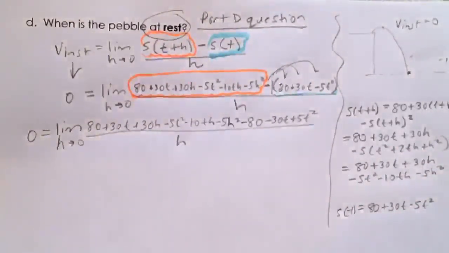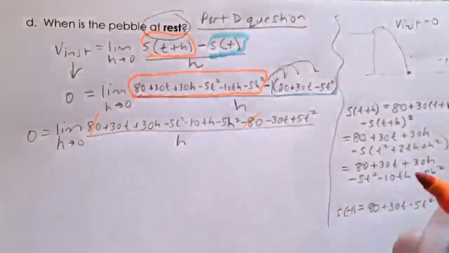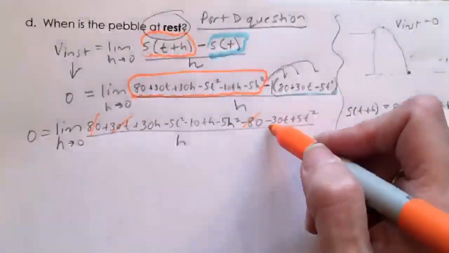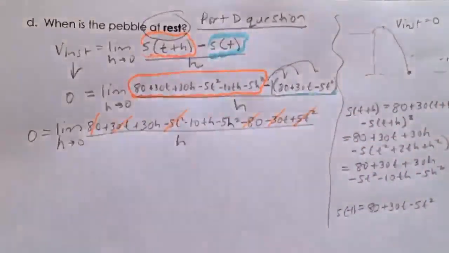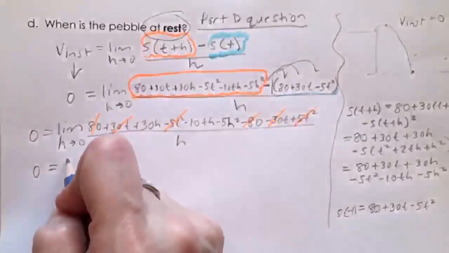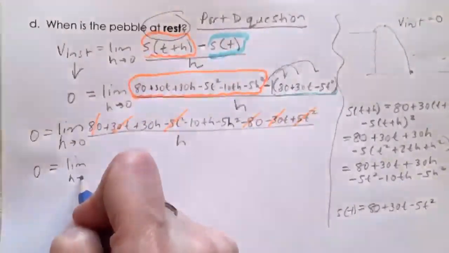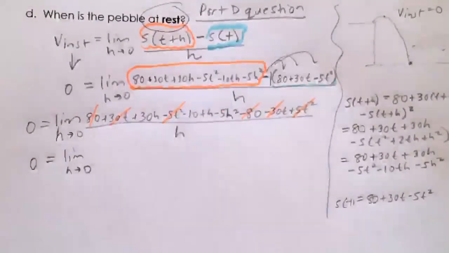And now we should have some zero pairs, hopefully. So we've got 80 minus 80, 30t minus 30t, negative 5t squared plus 5t squared.